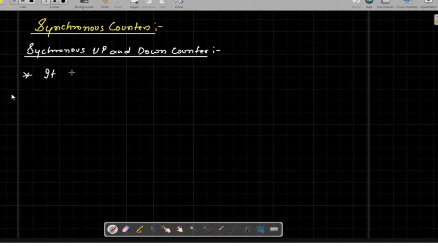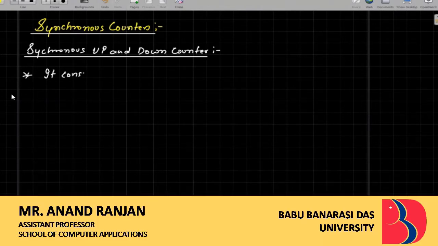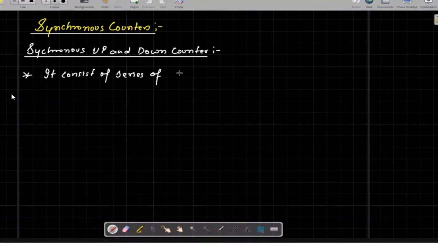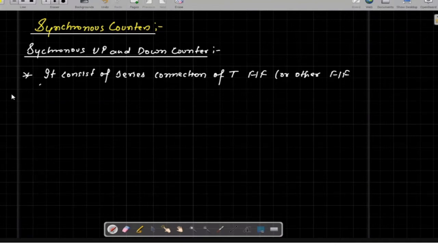Number one, it consists of series connection of T flip-flop, or if it is not T flip-flop, then other flip-flop converted into T flip-flop. This is the number one point.